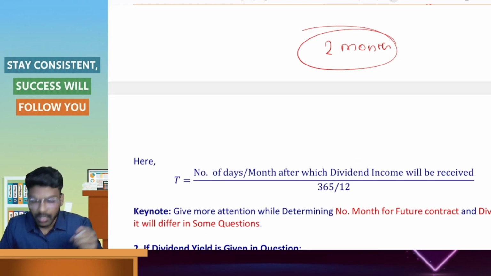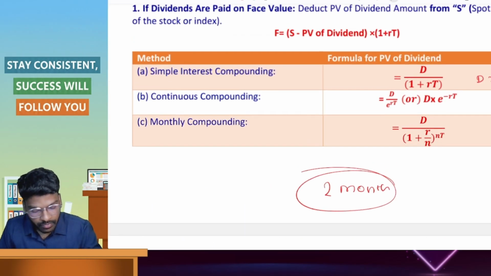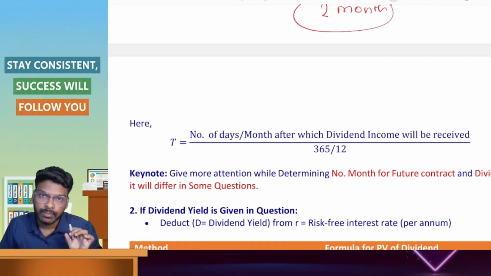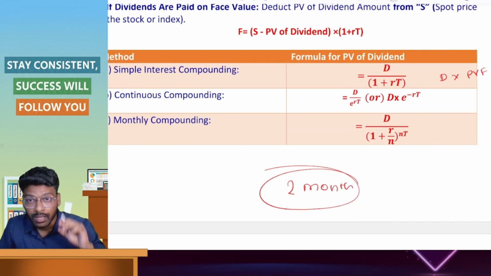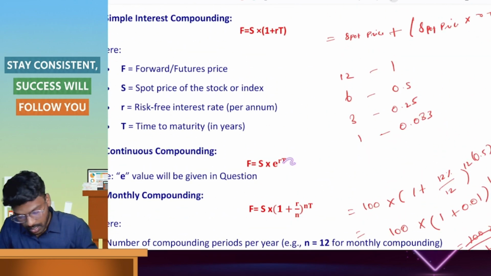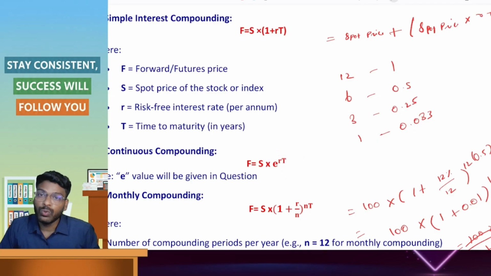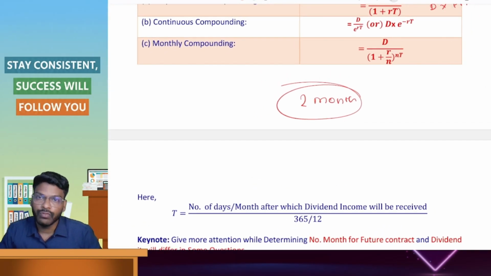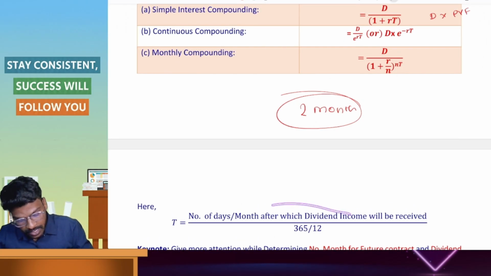Then you have to use 2 months for dividend computation in the formula, and for future price computation we have to use 3 months. So the T will change between future price computation and present value of dividend computation. ICAI will not ask you a simple question, right? It has to be a tough question. So the T will not be the same.